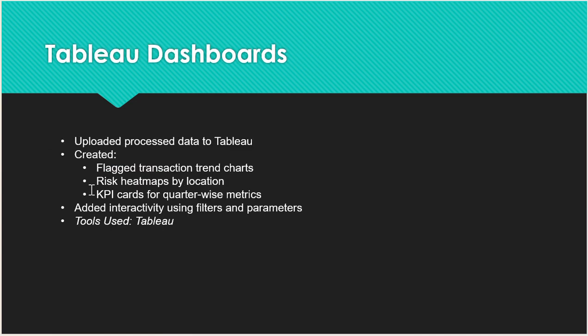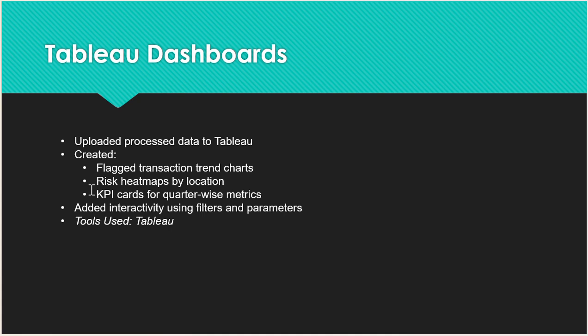That is the Tableau dashboard. So we will use the Tableau dashboard to visualize the risks. Here we upload the processed data to Tableau from Excel, Python or SQL, to do the visualization of the data. So flagged transaction trend charts, risk heat map, location KPI cards, quarter-wise we will do.